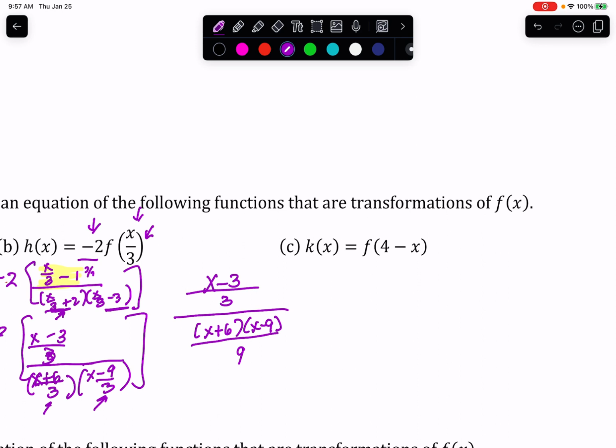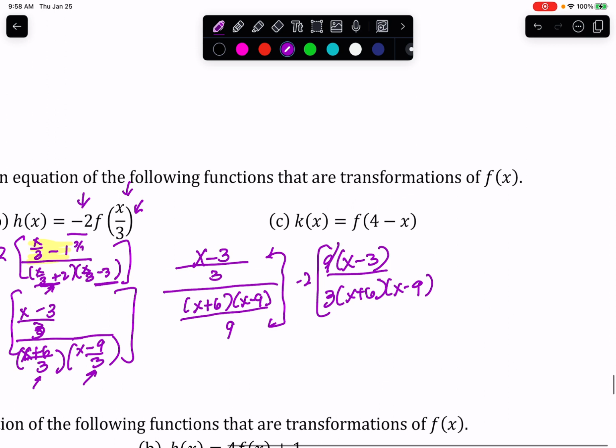But using our little rule for complex fractions, this would be 9 times x minus 3 over 3 times x plus 6, x minus 9, and don't forget we had this -2 out here. So this would cross off, and we would have -2 times 3x minus 3 over x plus 6, x minus 9.